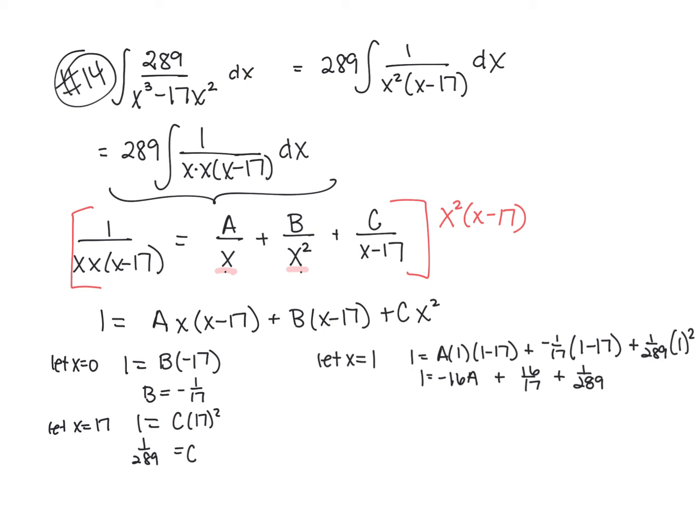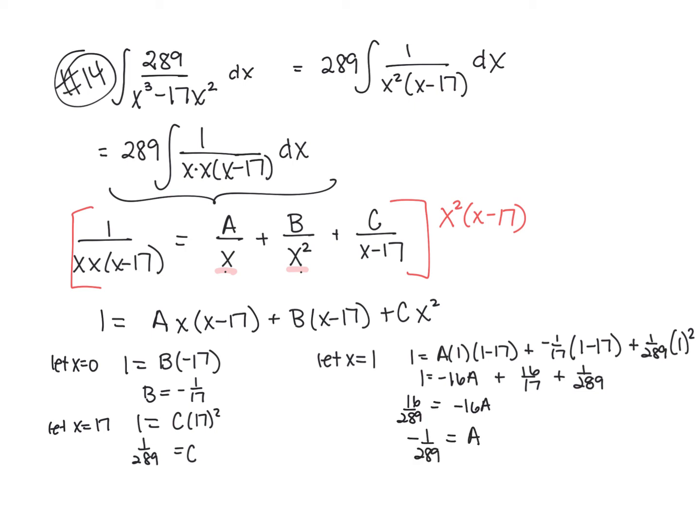So if we do 1 minus 16/17 minus 1 over 289, and let's change that to a fraction, I get negative 16a equals 16 over 289. And I'm going to divide by negative 16. And when I divide that answer by negative 16, I get a equals negative 1 over 289.